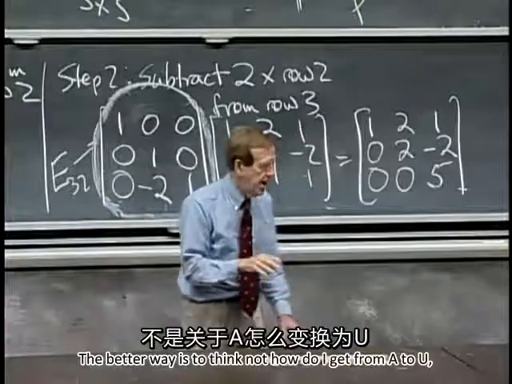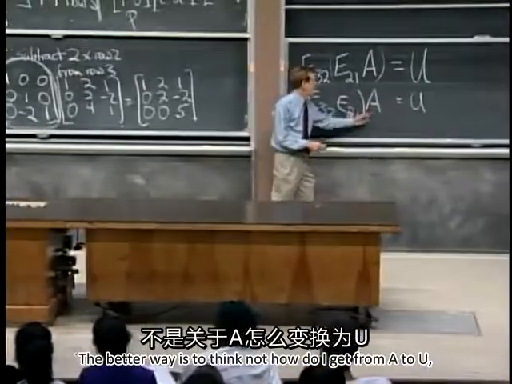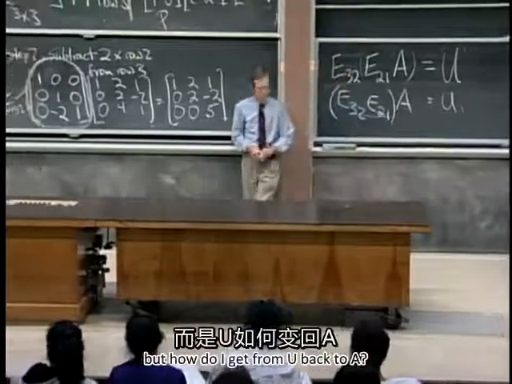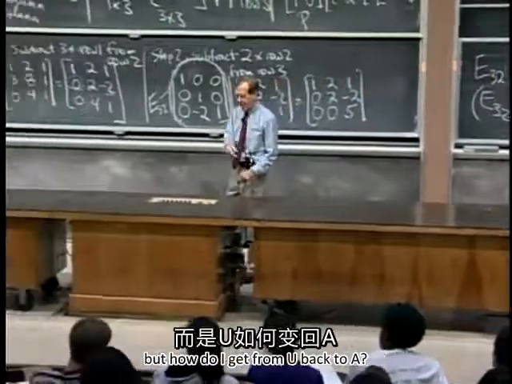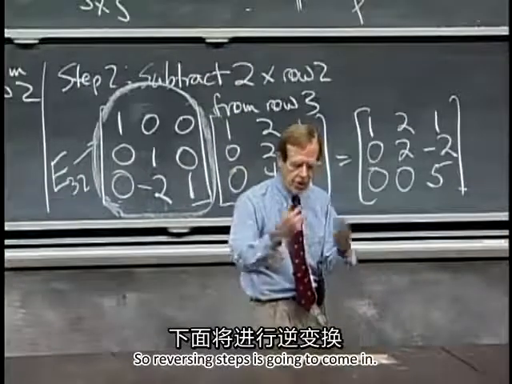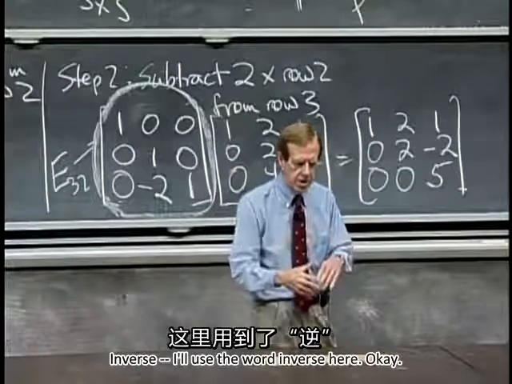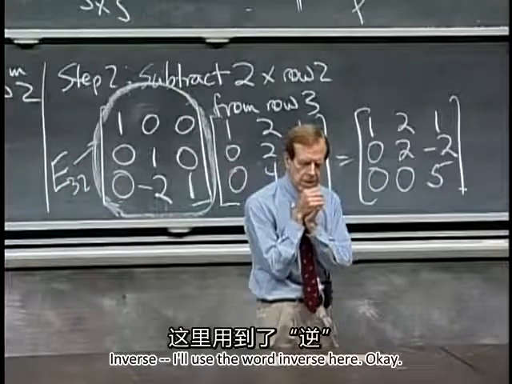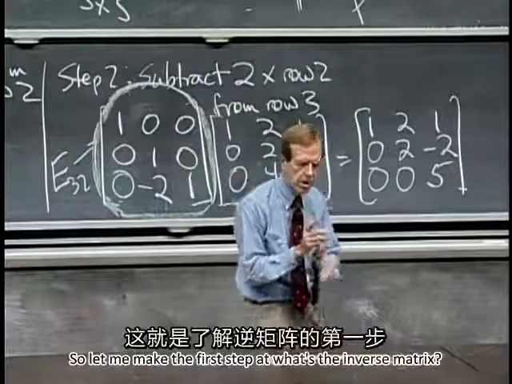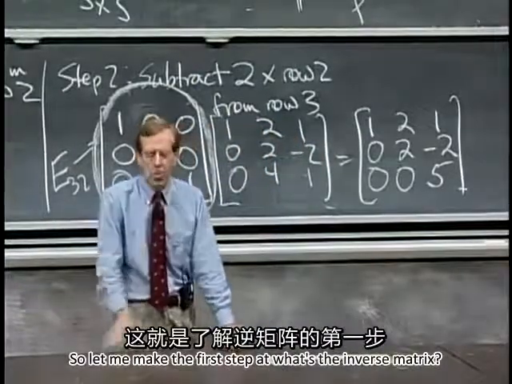The better way is to think not how do I get from A to U, but how do I get from U back to A? So reversing steps is going to come in. Inverse, I'll use the word inverse here. Okay, so let me make the first step at what's the inverse matrix.